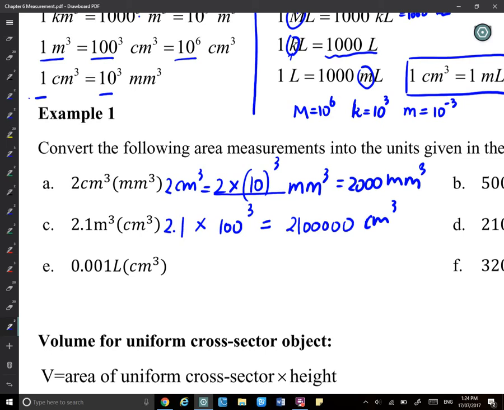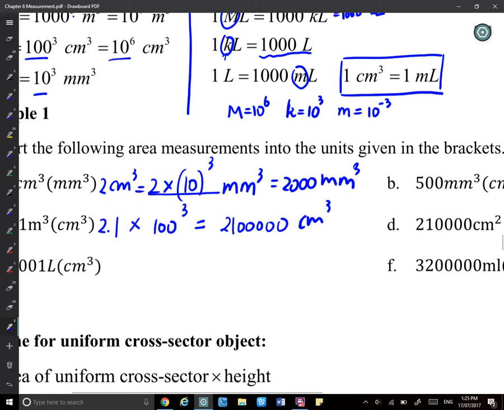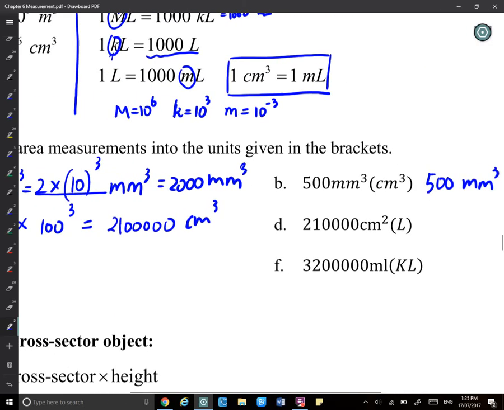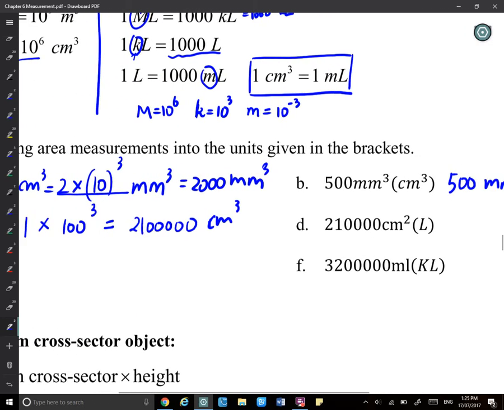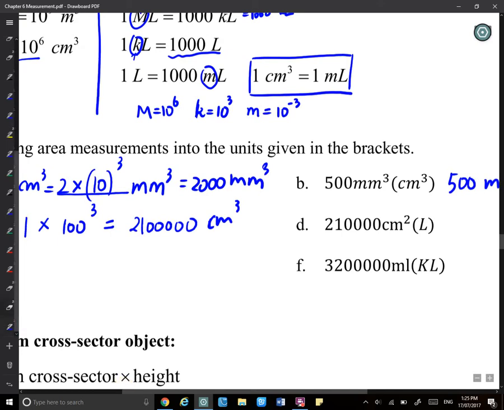You move your decimal 6 times, so it's 2,100,000 centimeter cube. Sorry, change that, it's not a square, it's a cube here. Centimeter cube.